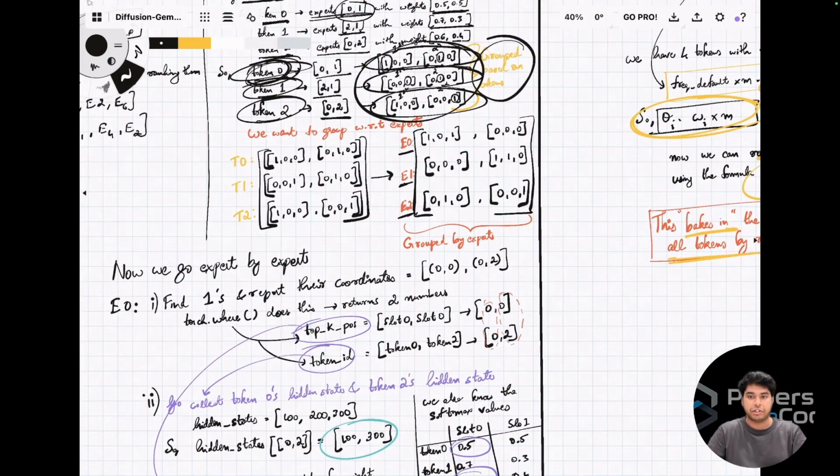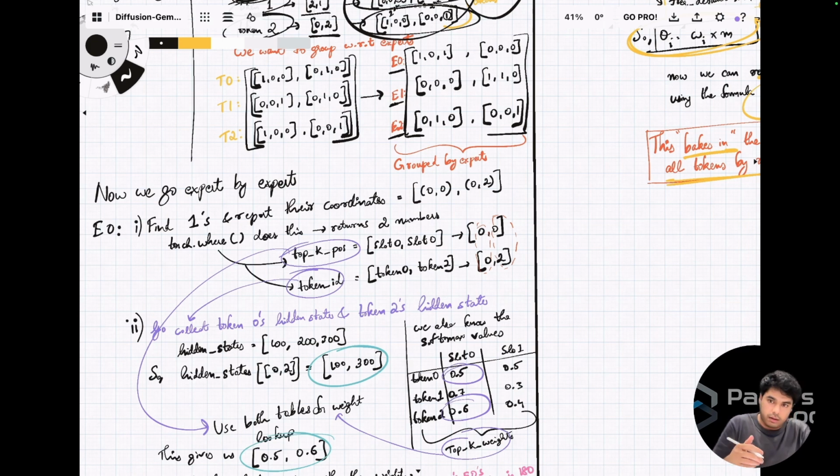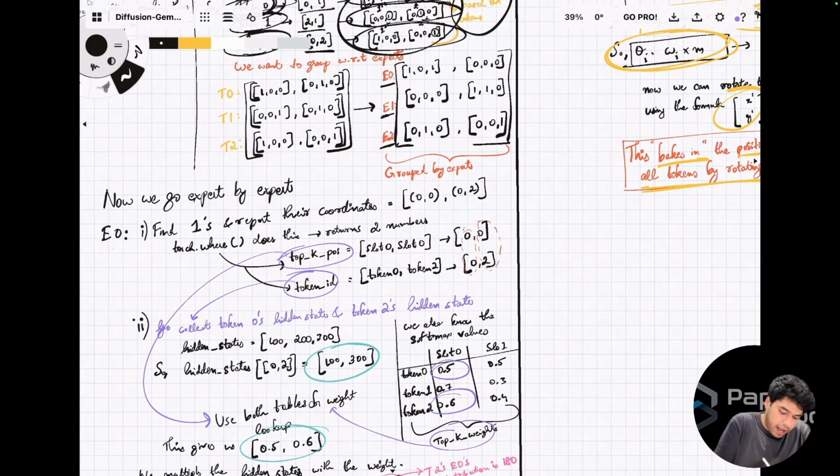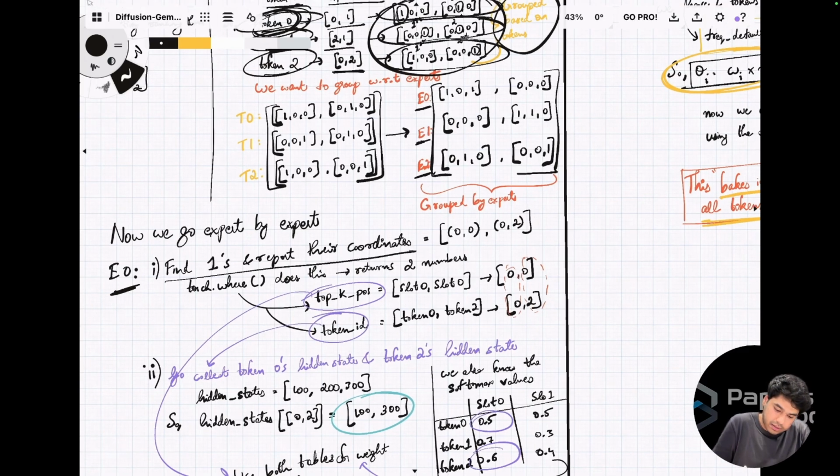Each expert is a function, an MLP, and in our case, it's just multiplication with 1. Let's go through what each expert does, and then let's go through the algorithm, and in the end, it'll all make sense. What each expert would want to do is expert 0 finds ones and reports their coordinate.